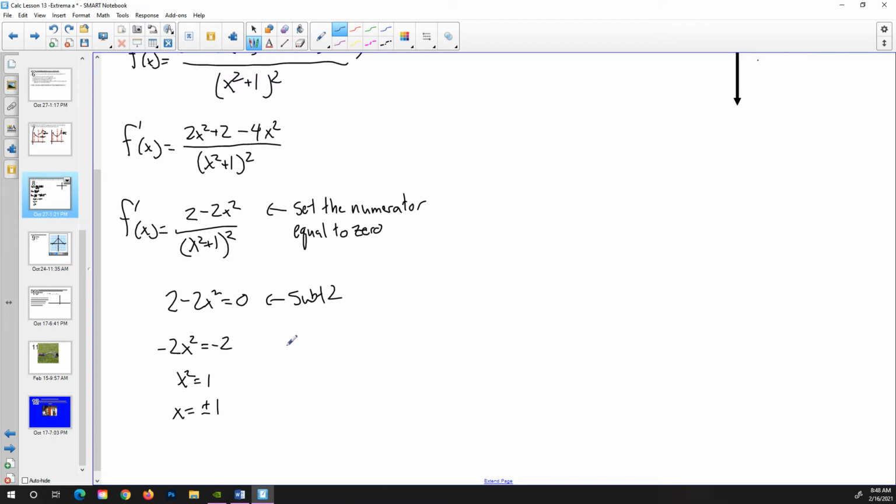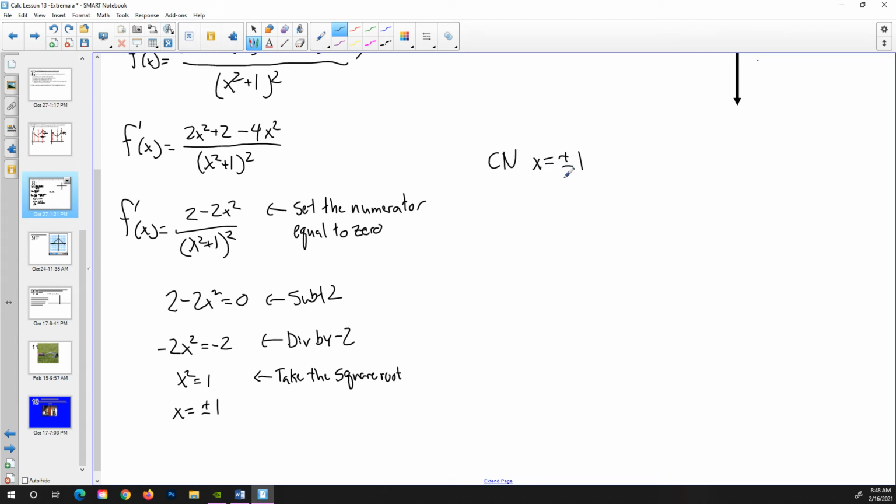Here we're dividing by negative 2, so x squared equal to 1, and then we will take the square root, x equal to plus or minus 1. So my critical numbers here are x equals plus or minus 1.